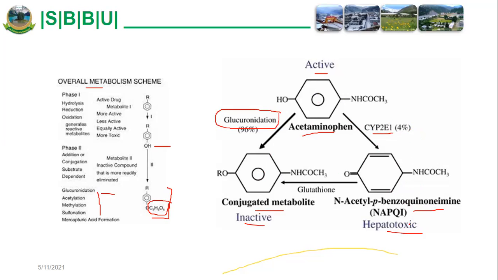This intermediate substance is hepatotoxic, and may be associated with liver toxicity, and that's why acetaminophen causes liver toxicity in high doses. Again, it can also be converted by glutathione into a conjugate metabolite, and then become inactivated by the glutathione conjugation reactions.